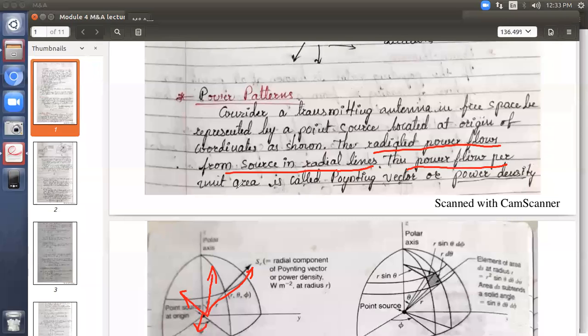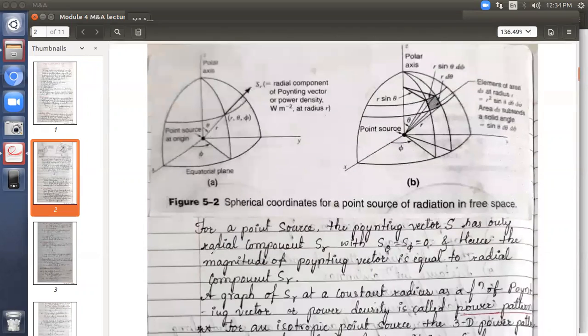And the power flow per unit area, being normal, we call it power density or Poynting vector, which is either P or S. P is equal to, we have seen this already, E cross H. Now, for a point source, the Poynting vector, either P or S, has only the radial component S_r.